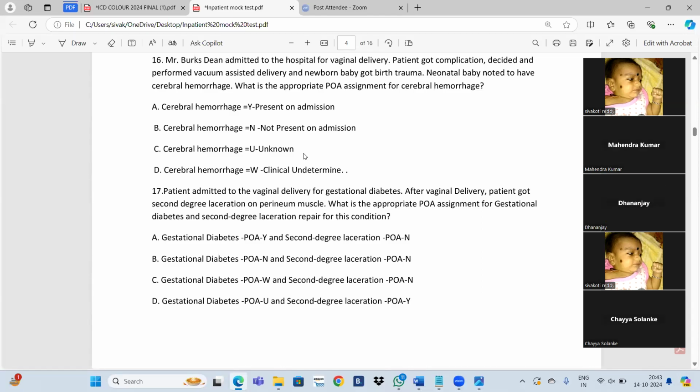Gestational diabetes, why option A? Second-degree laceration, yes, option yes. Gestational diabetes, why? Second-degree laceration developed during delivery, which means after admission only, no?